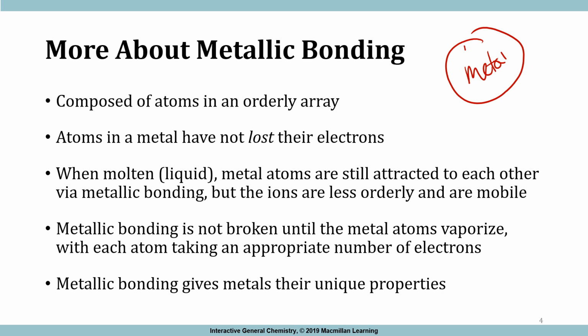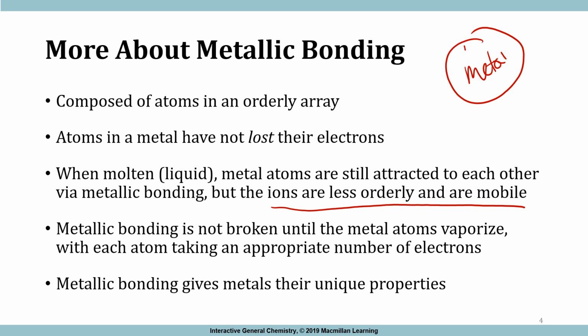When molten liquid, so when the metal is finally heated to a certain temperature to go from a solid to a liquid, those metal atoms are still attracted to each other via metallic bonding, but the ions are less orderly and are mobile. So remember that a liquid is far less structured than a solid. However, there's still bonding there. It's just not going to be as strong as in solids.